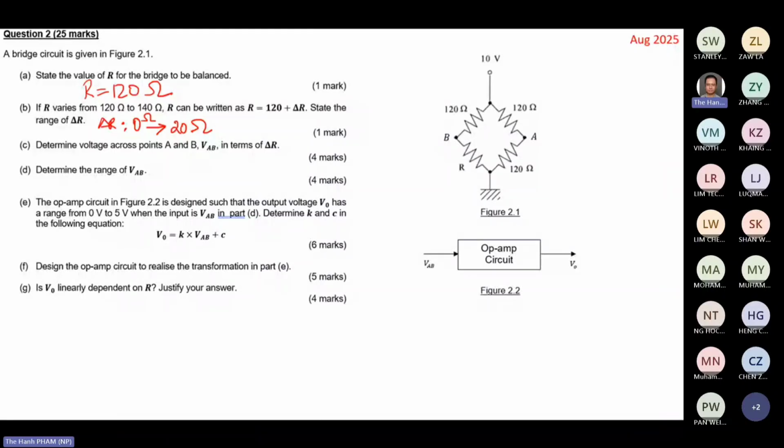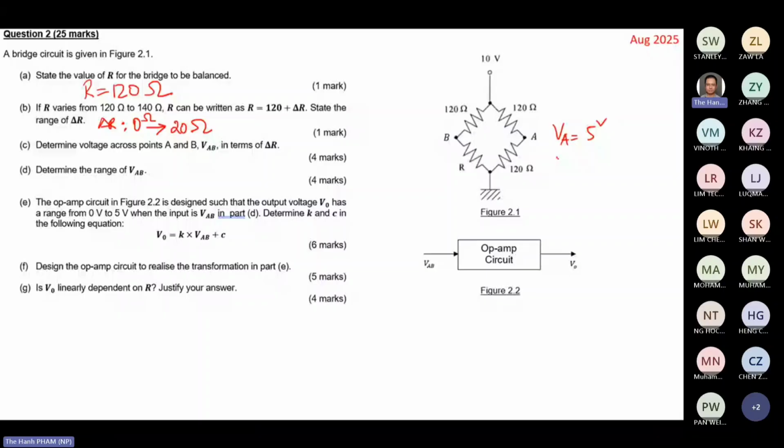And they ask you to determine the voltage across A and B. So you look at this circuit, you will see your VA actually is 5 volt, because the total here is 10 volt. We have 120, 120, so VA should be 5 volt, right?